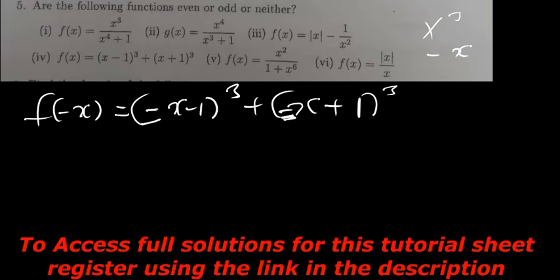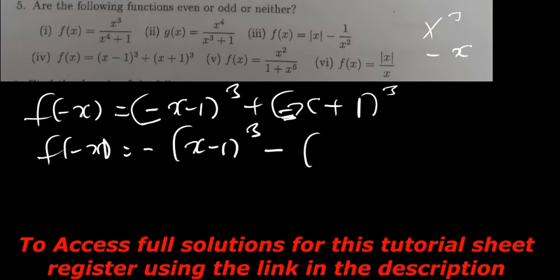So this can be written in a simple way: I can factor this negative and it can come out like that. I'll put just negative, then x minus 1 raised to the power 3. Even here it will be negative, then x plus 1, raised to the power 3 as well.